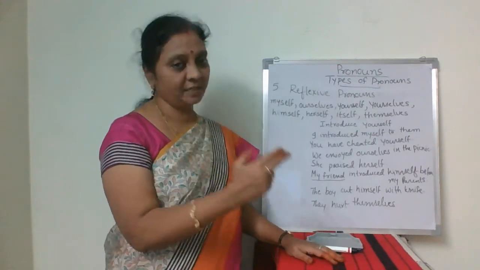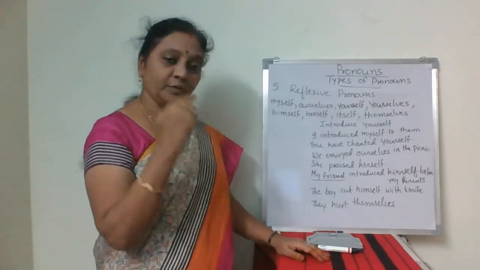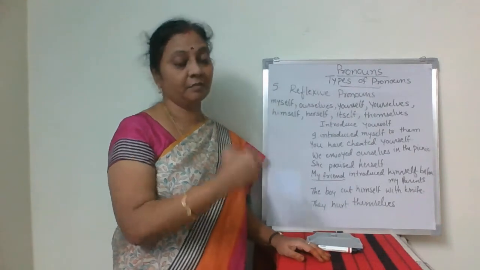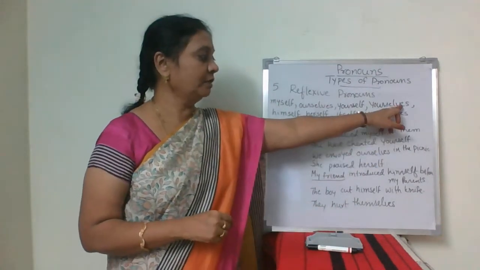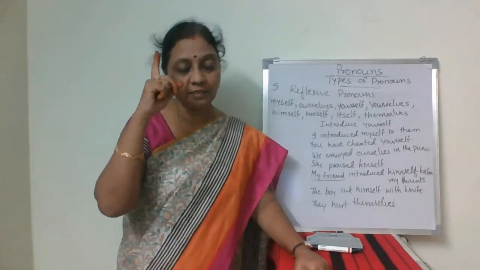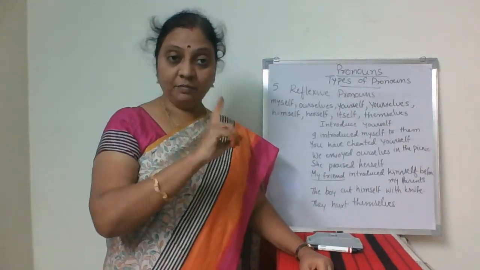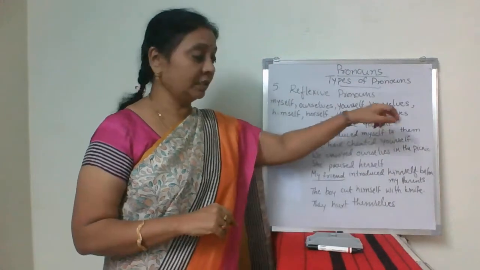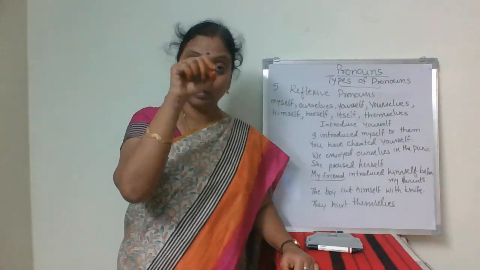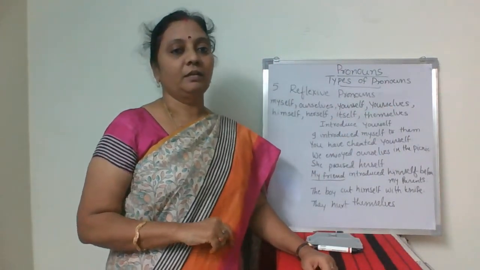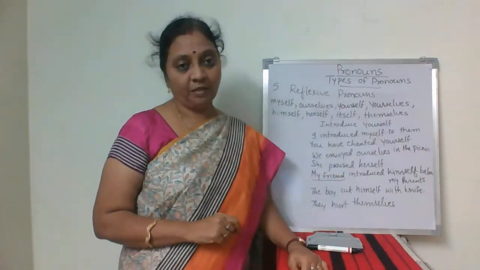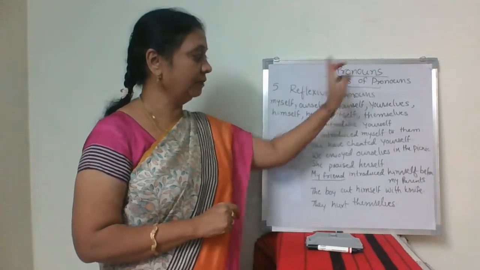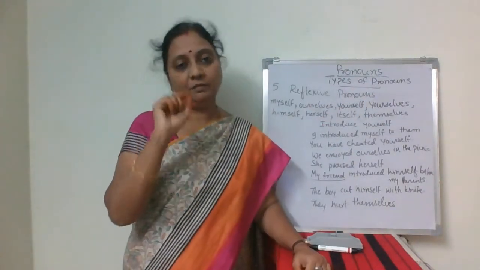I, myself. You, yourself. Singular. Plural form, yourselves. Why do we use VES? Already in nouns, when we did singular and plural, we learned that words which end with F or FE change to VES, isn't it? So self, in plural form, becomes selves.